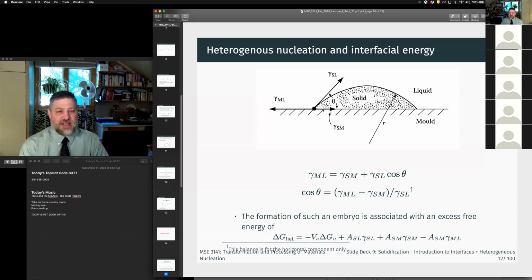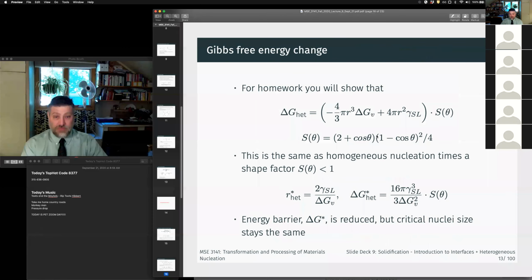We're creating this solid substrate or solid mold interface, and we're taking away the same size area of liquid substrate interface. So our Gibbs free energy change has to look like this expression right here.